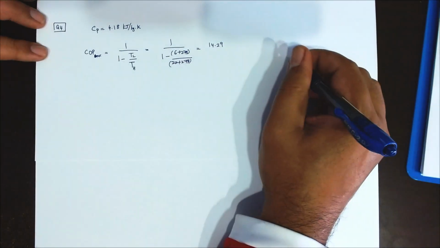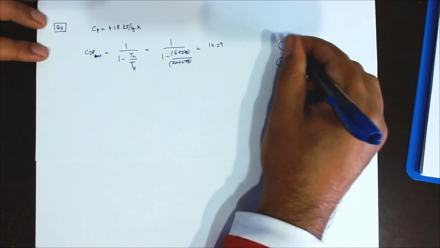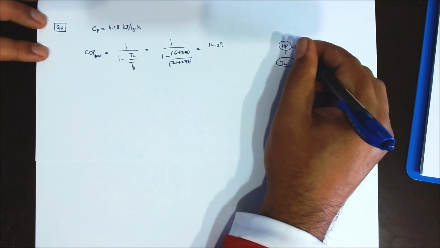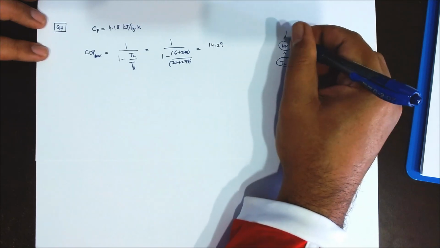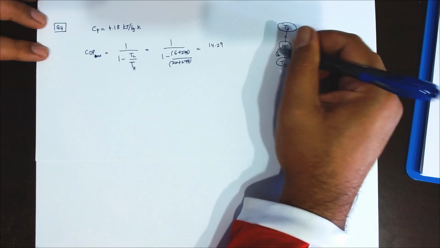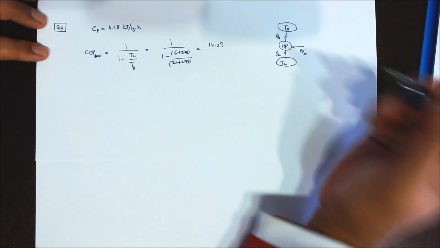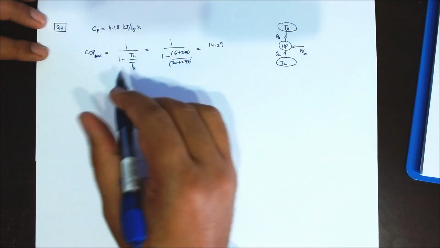So in other words, this is from the TL, this is the heat pump, this is the work, to the TH. So QL dot, QH dot. The coefficient of performance for this one is 14.29.